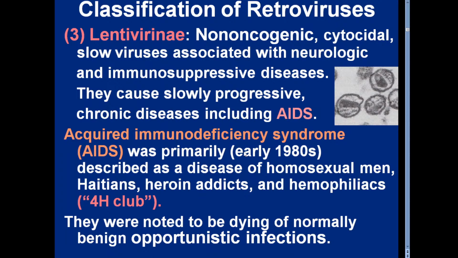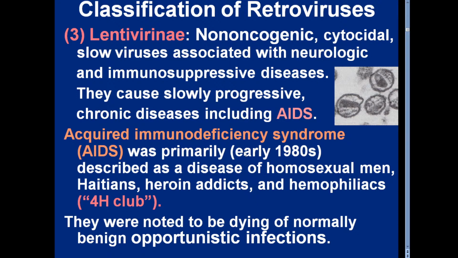And the last subfamily, which may be more interesting because today we discuss HIV, is the subfamily Lentivirinae. In this subfamily are non-oncogenic cytocidal slow viruses associated with neurological and immunosuppressive diseases. They cause slowly progressive chronic diseases, including AIDS.